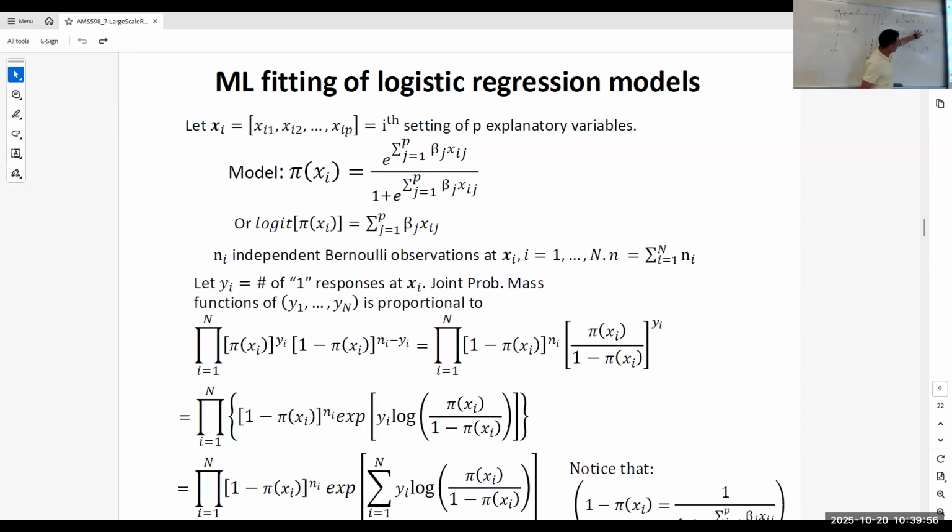This is equivalent, right? Because when yi is equal to 1, this part is pi i, and this exponent is 0, and anything to the power of 0 is 1, so you get pi i. If yi is equal to 0, then this first part is going to be 1, and this part is going to be 1 minus pi.